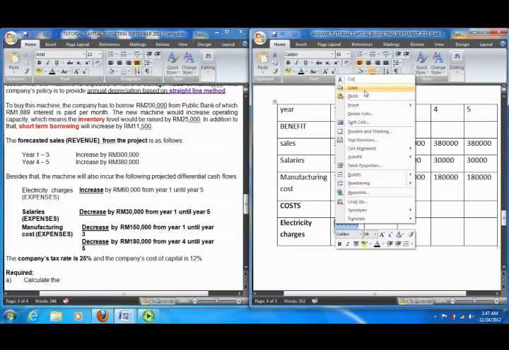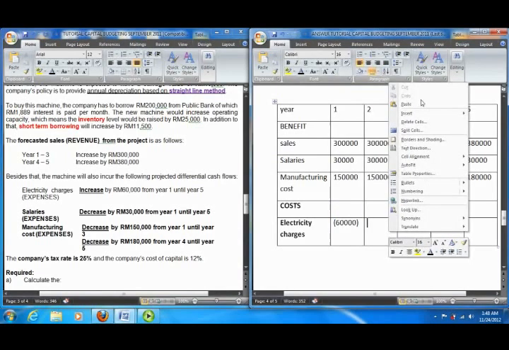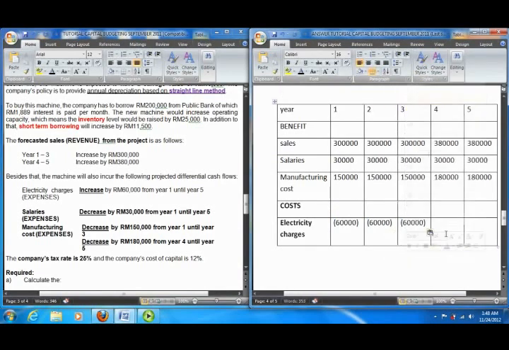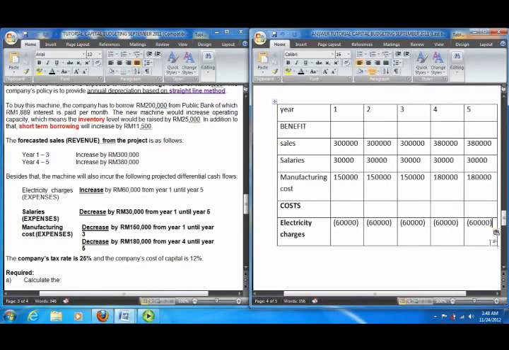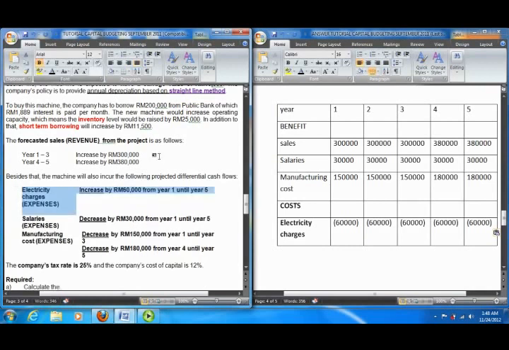Yes, it's the same. Alright, class, can you see any costs, any expenses that we did not record yet? All have been recorded.